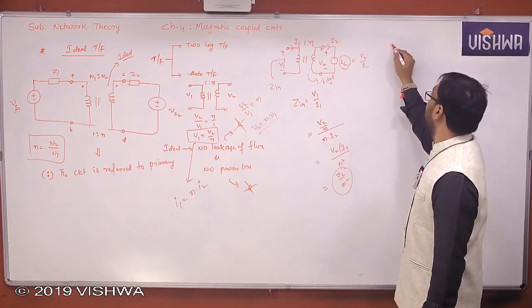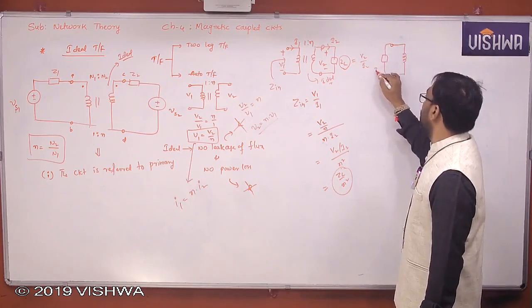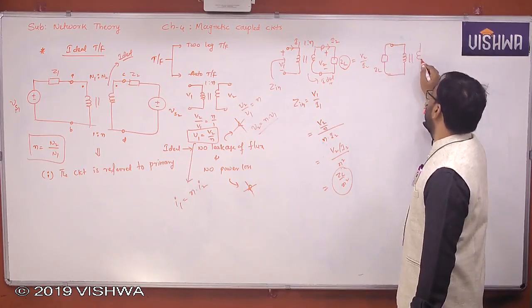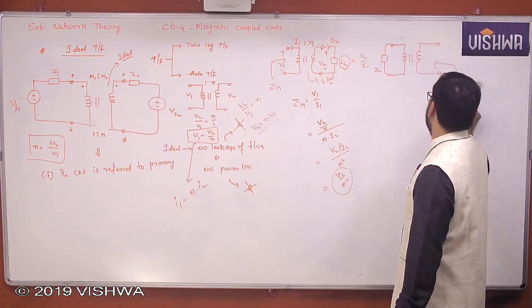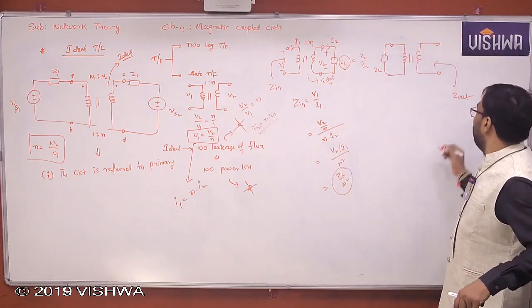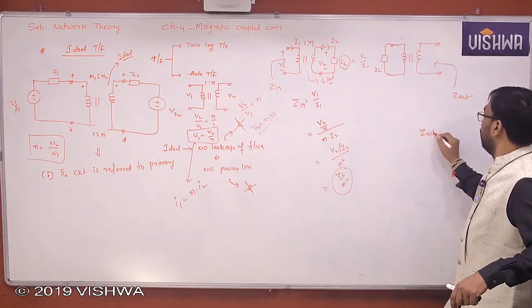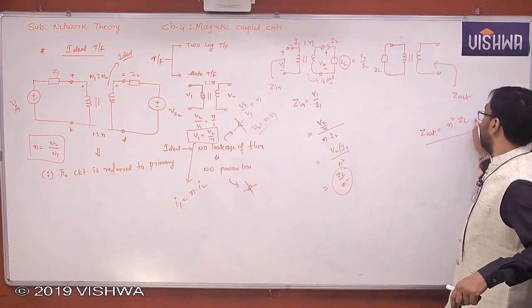Suppose I take some impedance ZL on the primary side and I would like to find Zout. If I apply the same concept, what will I get? Zout will definitely be n square times ZL.